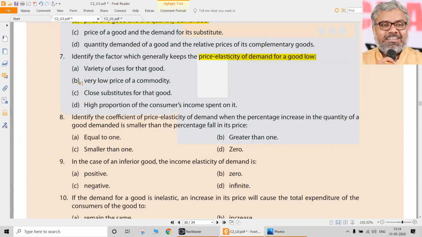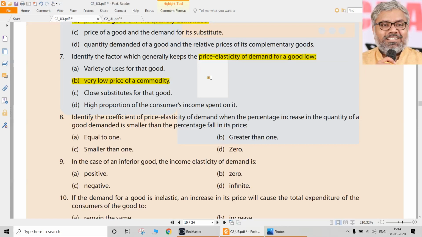What about the very low price of a commodity? Yes, definitely this is a correct option. Why? Because when there is a low price of a commodity, like we discussed earlier, like example of salt or buttons or matchboxes, price elasticity of demand for that commodity will be very low because people don't care about the increase in price of them also or decrease in price of them also.